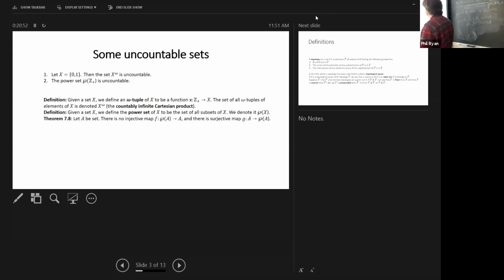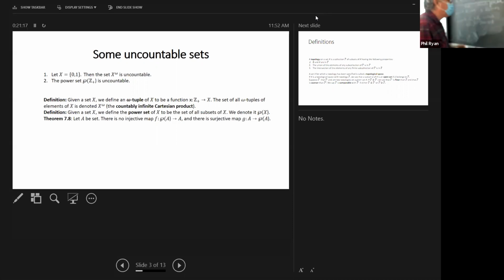So you can think of it as the set of sequences. I guess we can say that there's a bijection from the set of sequences to the countably infinite Cartesian product.